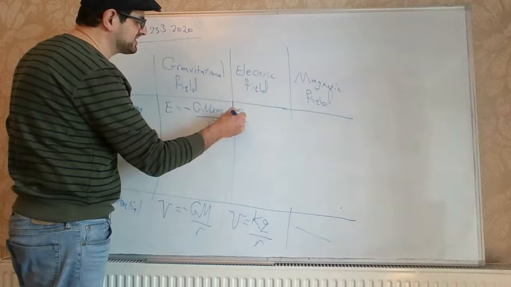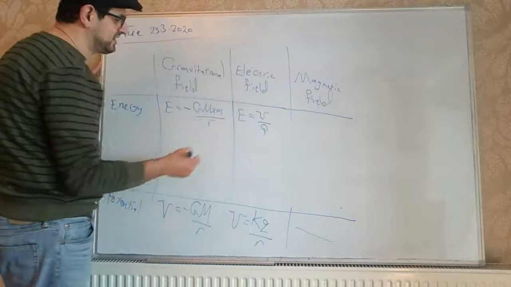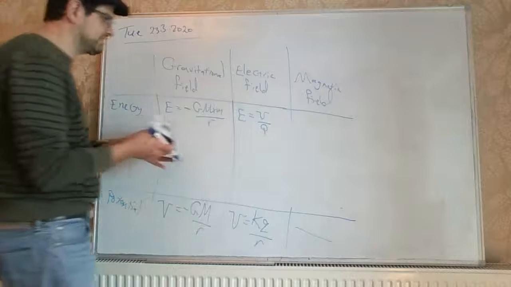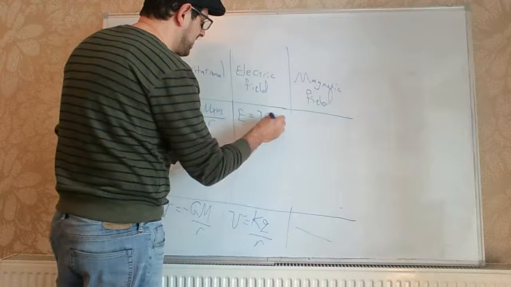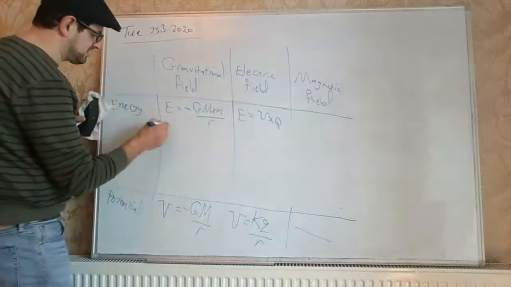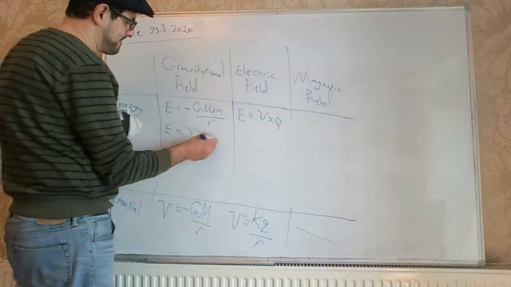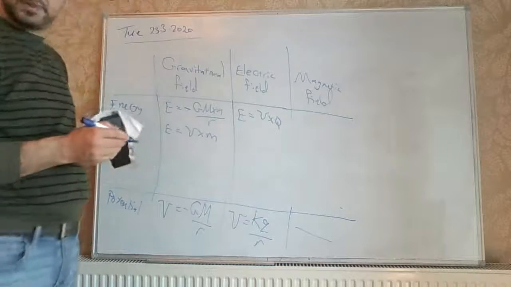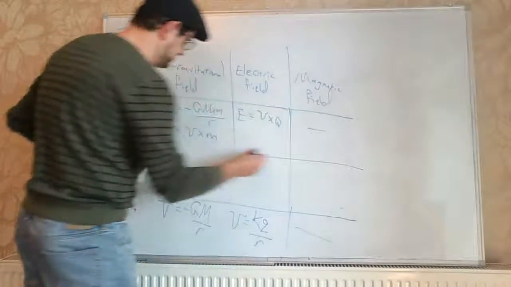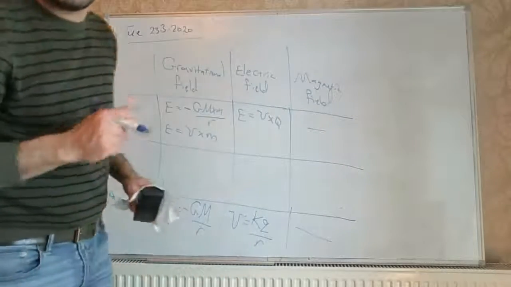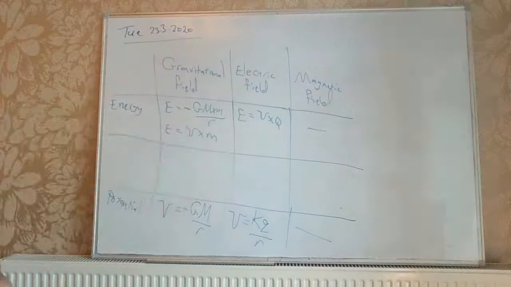Here the electric energy is V times Q. Here if I want to write it, it is V times m. Here V times Q. And there is nothing called magnetic energy.